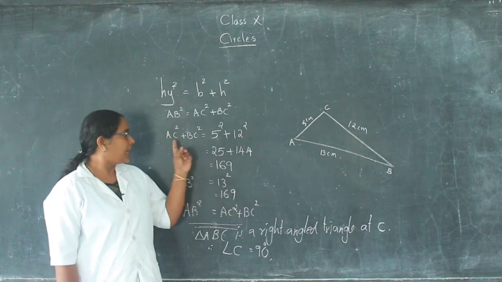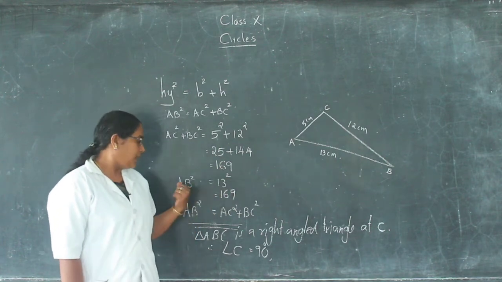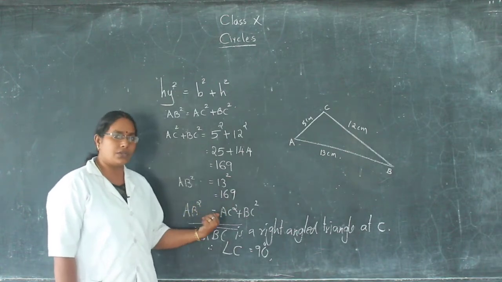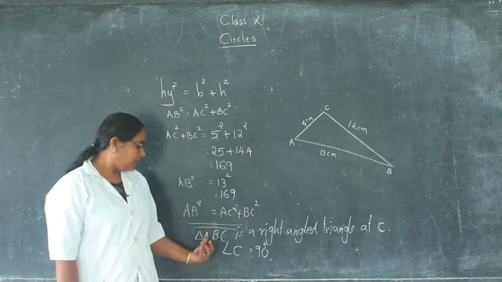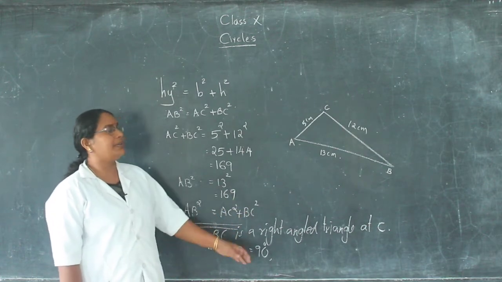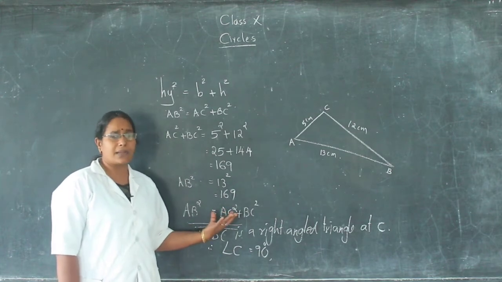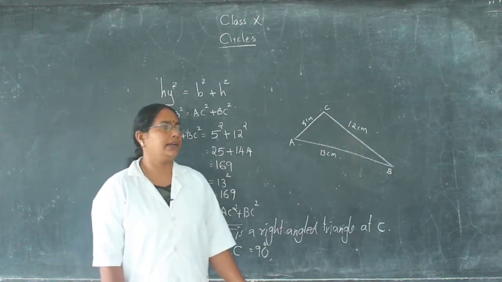From here, AC square plus BC square is 169, and AB square is also 169. Therefore, AB square is equal to AC square plus BC square. Therefore, triangle ABC is a right angle triangle. Pythagoras theorem is satisfied.